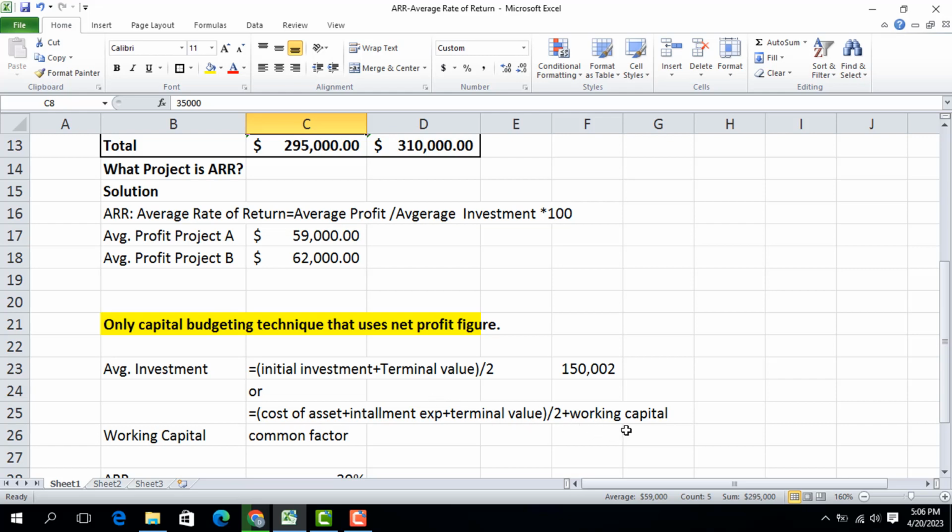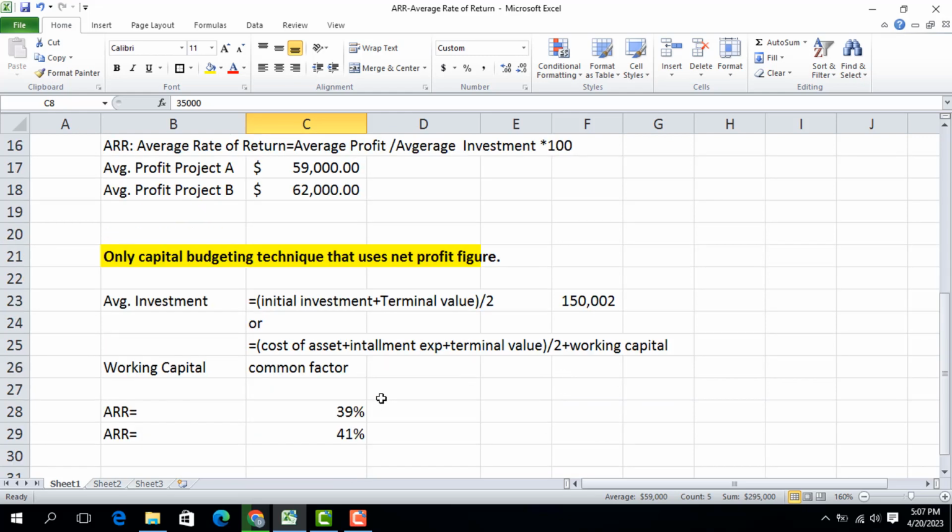Because working capital is a figure that will be used every month or every year to keep your operating activities running. Working capital is here and working capital is here, so we take it into account once. Two working capitals divided by 2 gives a single working capital. So working capital is a common factor.